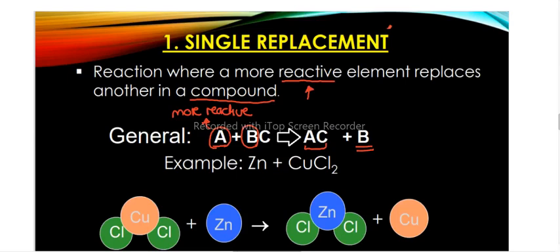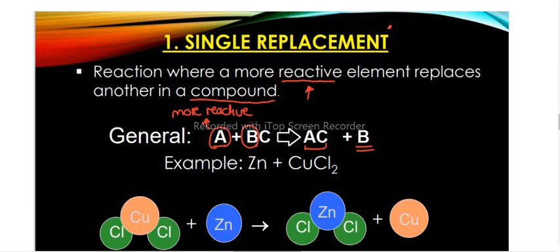When talking about the reactivity of metals, here we need to refer to the reactivity series. Of course, the reactivity series is a lesson taken through redox chemical reactions, chapter number 9. We're going to talk about it in more and more details. In the examples that I'm going to complete inside this lesson, I will take into consideration that the A is always more reactive than B in order to have a chemical reaction.